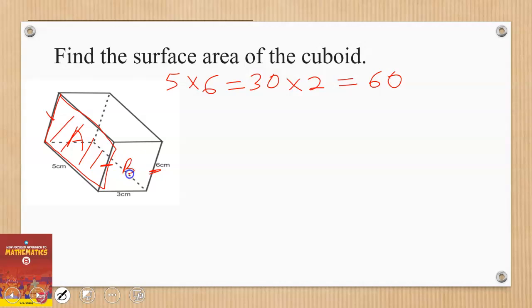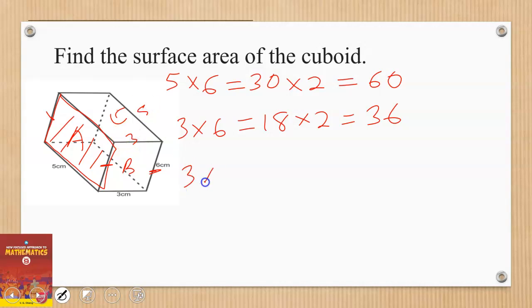Then let me call this area B. The area B is 3 times 6, and that will give us 18. Then times 2 of this size will give us 36. Then the third area C is the top, and the top is 3 times the 5 here.